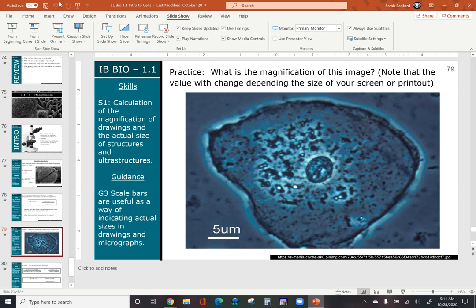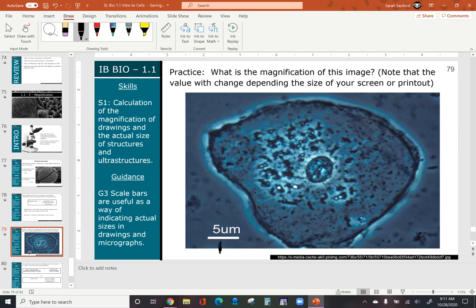Can I still draw on my screen? Yeah, I can. I'm going to say that this little line right here is 5 micrometers, and I'm going to say that it's 1.5 centimeters, just to make it easy.